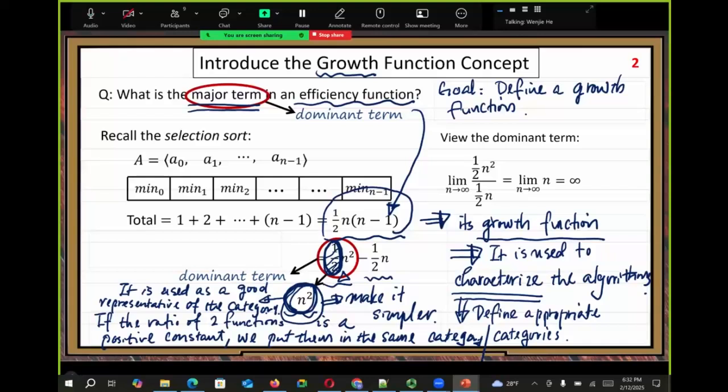So that's the rationale to create this new concept, the growth function concept. So that's the reason we call this special function the growth function.